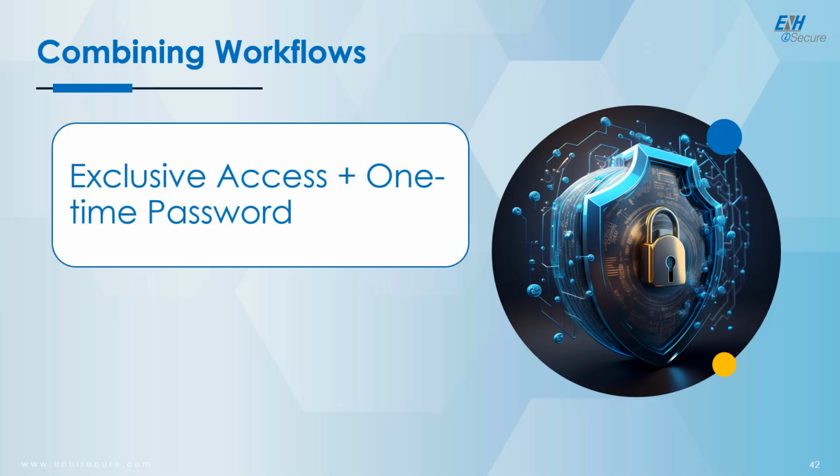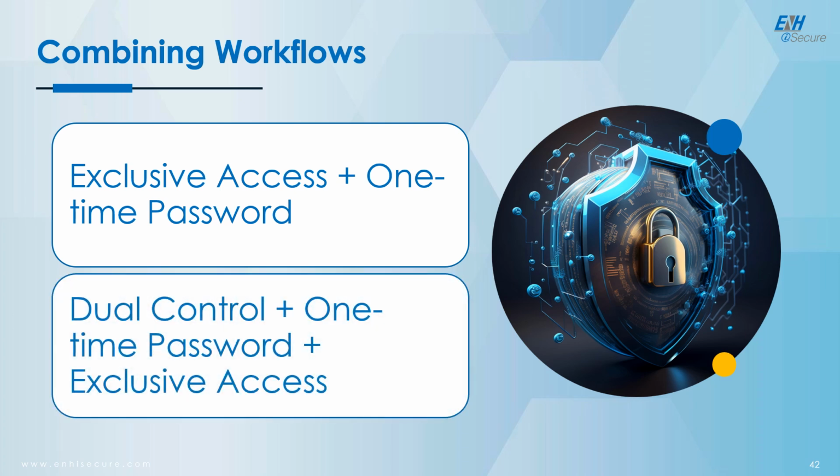Making exclusive access active along with one-time password will ensure that when a user locks a password, the password will be changed at the end. The change cannot be delayed because the account is locked as exclusive, so no other users can use this password to reset the timer. Activating the third policy, dual control, along with exclusive access and one-time password gives us even greater control and flexibility.